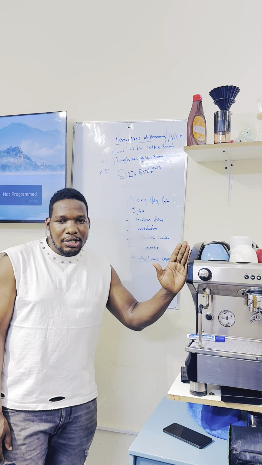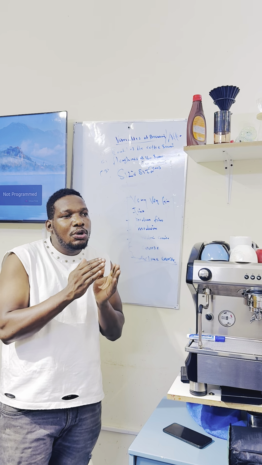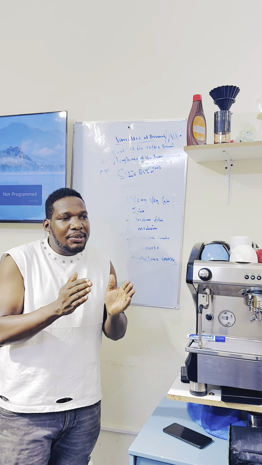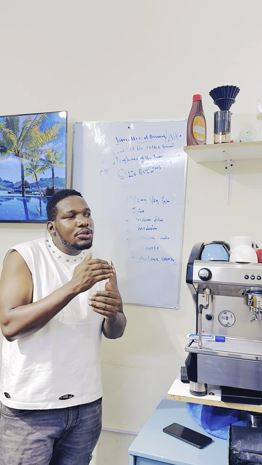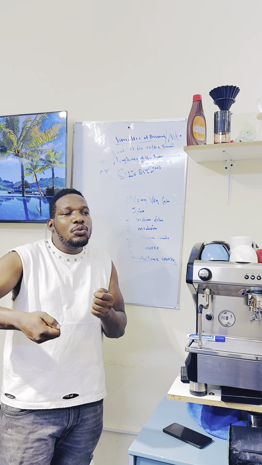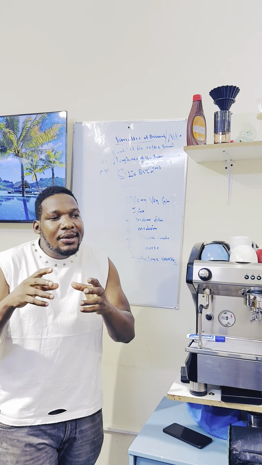Fine particles are used when we're trying to brew an espresso, because an espresso goes for a shorter period of time, for example about 20 to 30 seconds. So in between 20 to 30 seconds, we need a grind size that is a little bit finer. Fine grinds extract more.